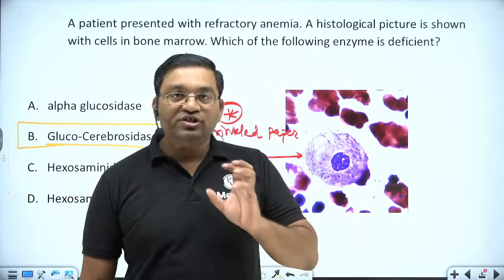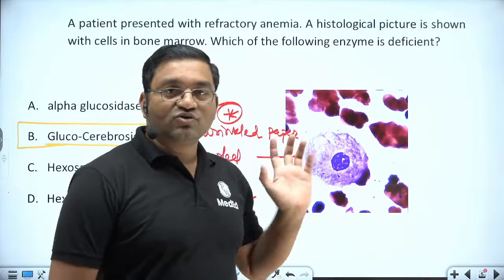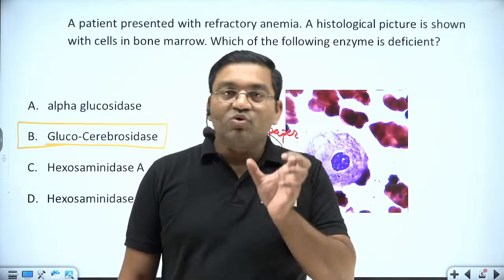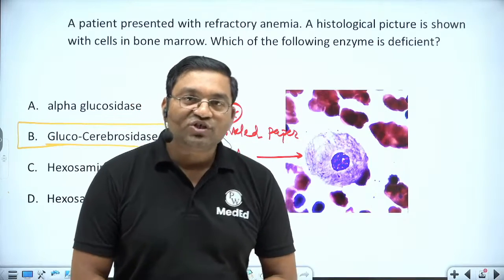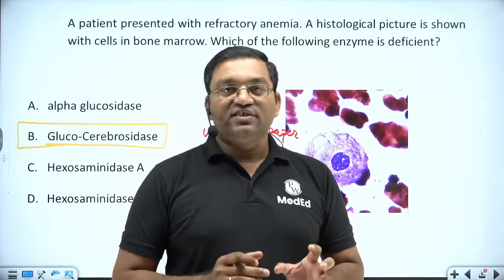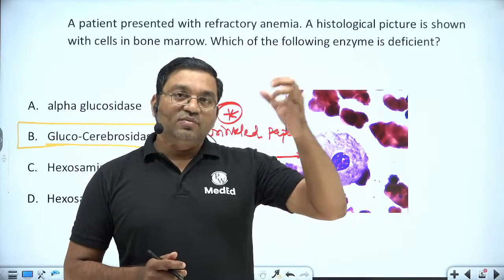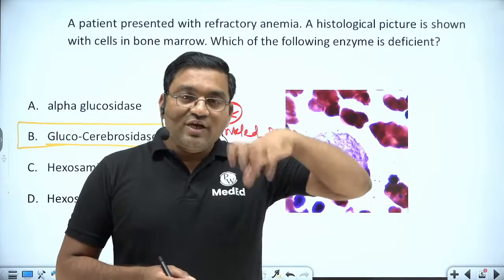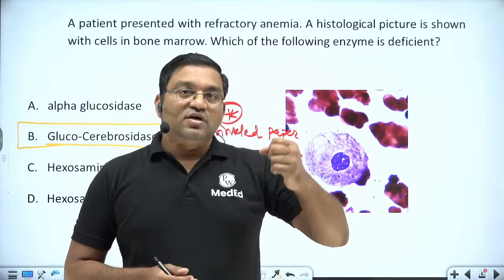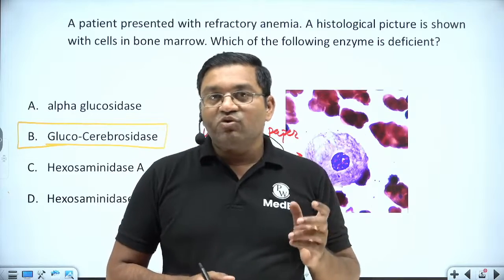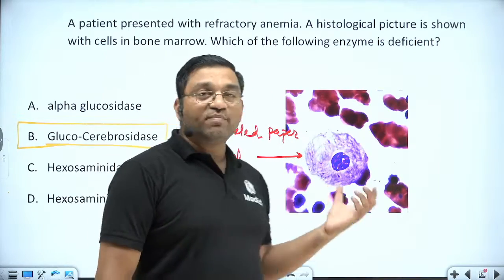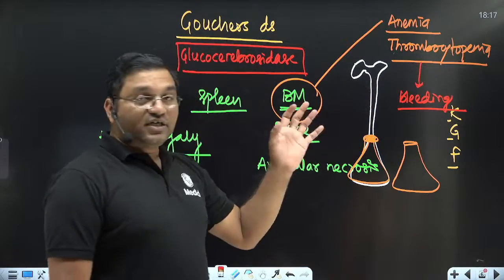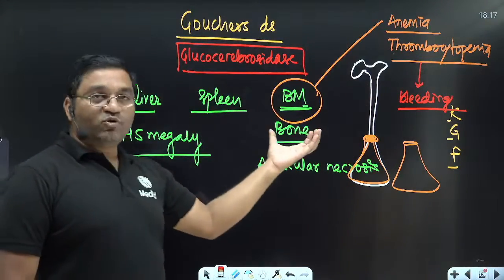The enzyme deficient in Gaucher's disease is beta glucosidase or beta glucocerebrosidase, due to which there is accumulation of glucocerebrosides, and the lysosomes are engorged or laden with glucocerebroside that gives the typical wrinkled paper or crumpled tissue paper appearance. It involves the liver, spleen and bone marrow.